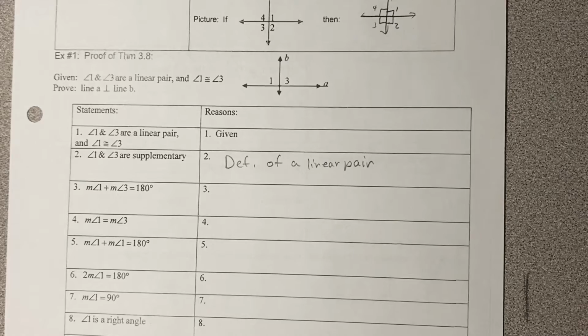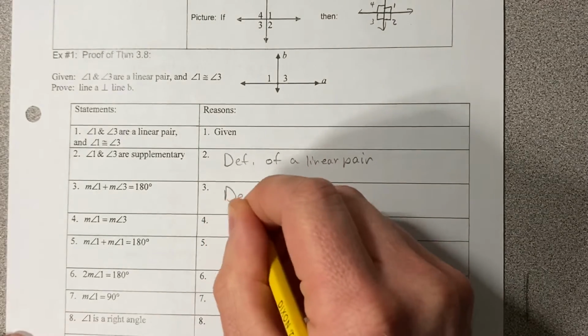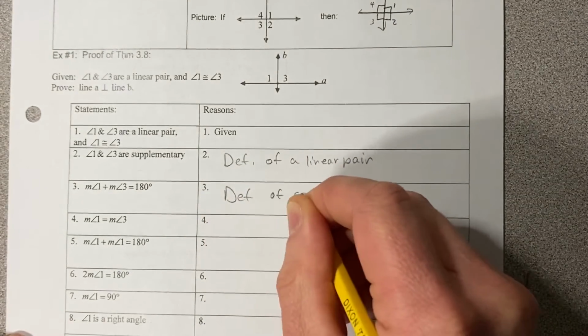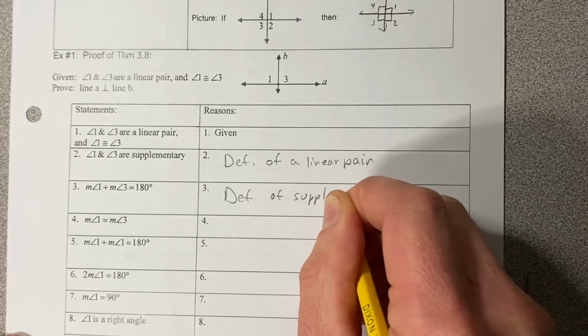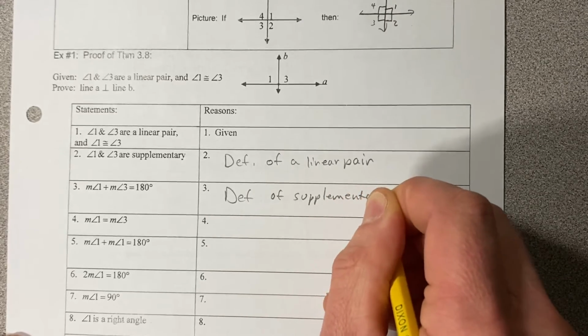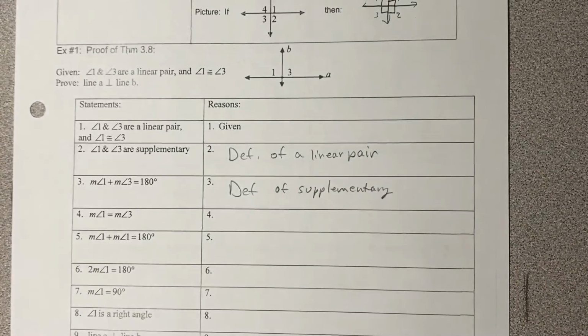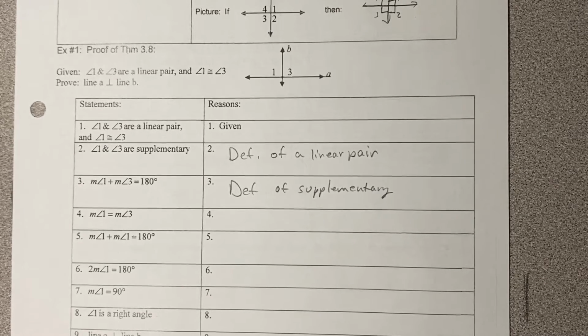Step 3, measure of angle 1 plus measure of angle 3 is equal to 180. Well, how do you know that? Well, you know that because they're supplementary. And so here we go again, definition of supplementary. Now, next up, they say measure of angle 1 equals measure of angle 3.